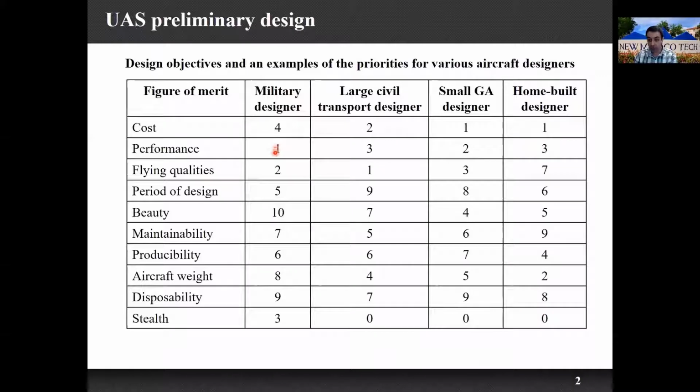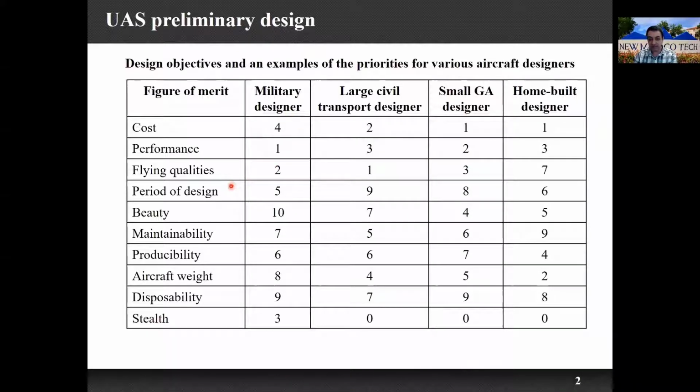From the performance point of view, we know that the civil transport aircraft should have the highest performance, followed by the home-built designer, then the small glider designers, and then military.